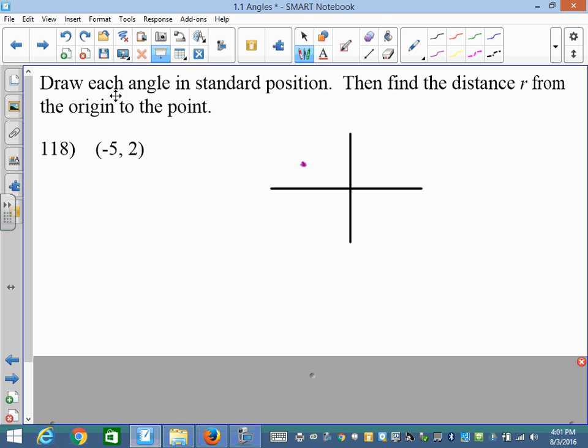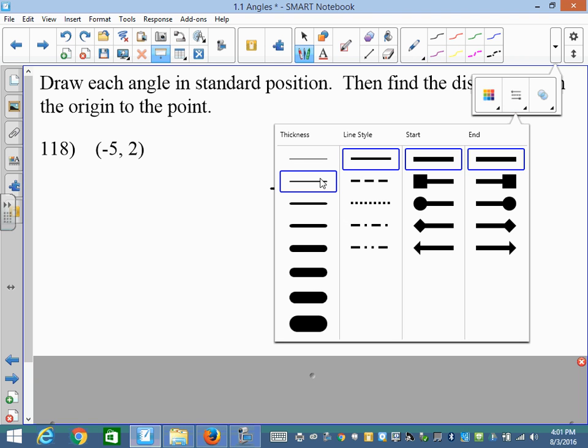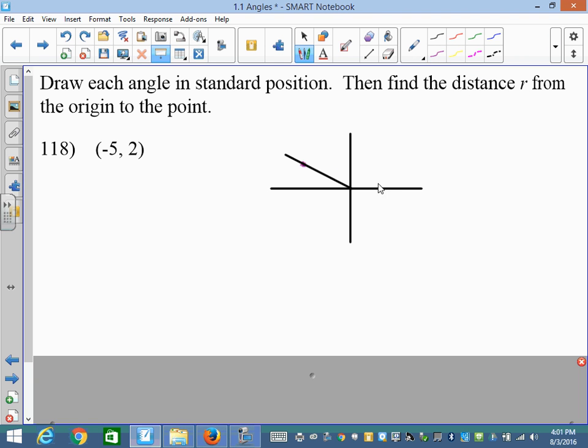But I want you to draw the angle in standard position. So to make straight lines, I will go back to my lines, and I'll draw a line from the origin to that point, or through that point, whichever way you want to look at it. And this is my angle.